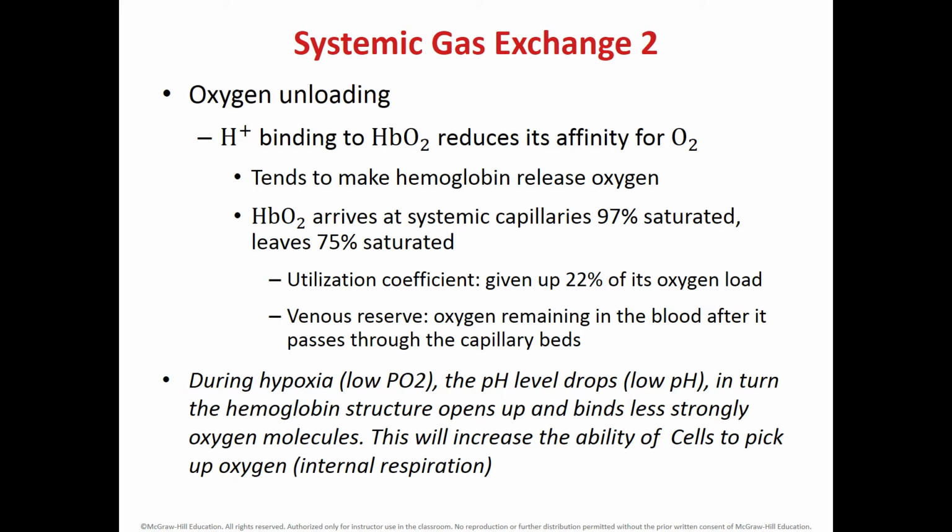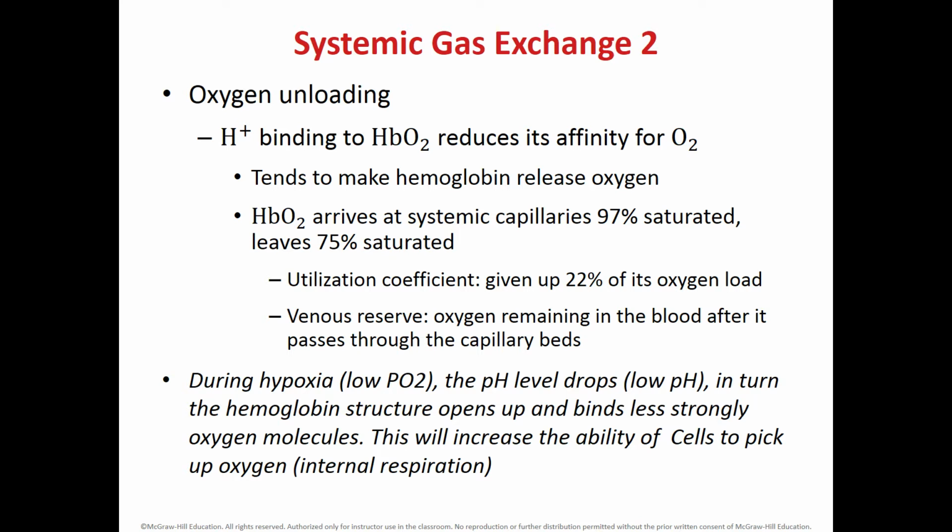So when the oxyhemoglobin arrives at the capillary beds in the tissues of our body, it will be 90% saturated, and then as it's unloading the oxygen, it will leave 75% saturated. So we will unload about 22% of our oxygen.